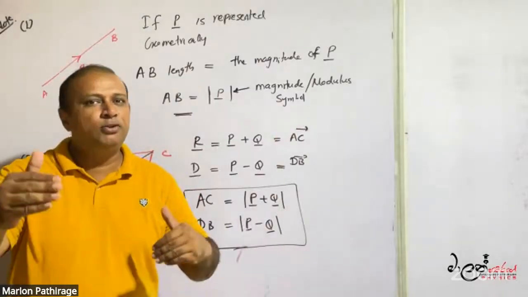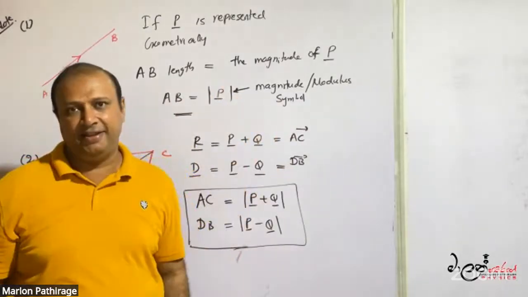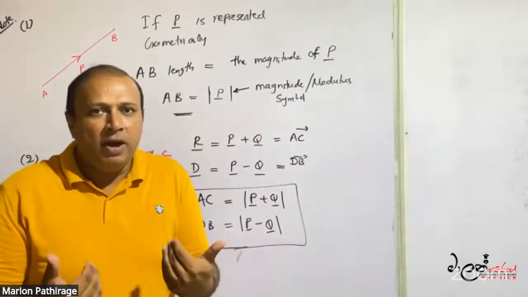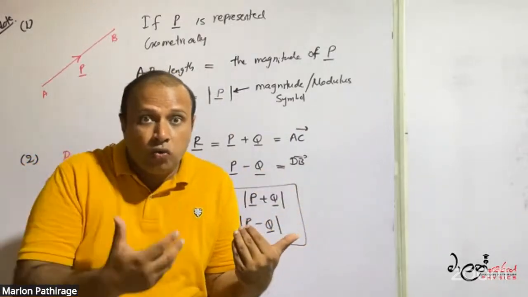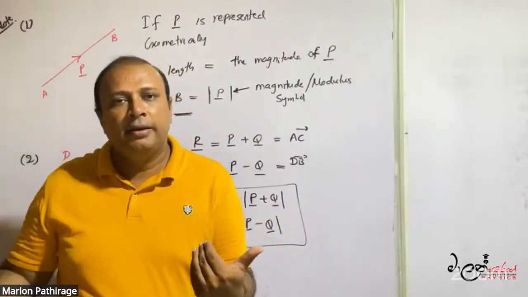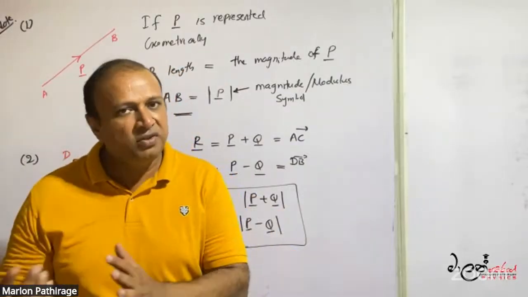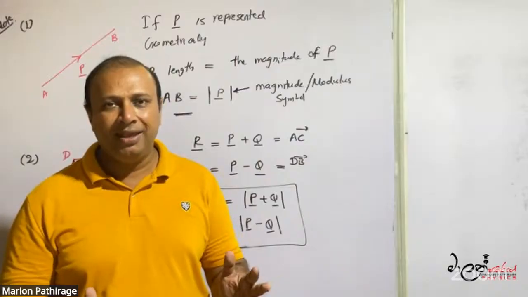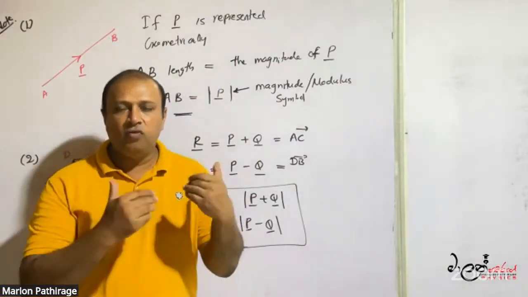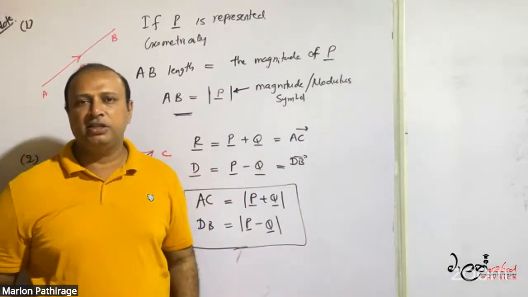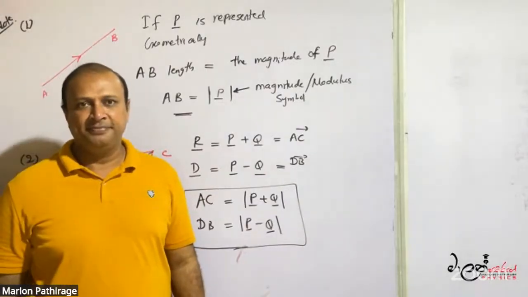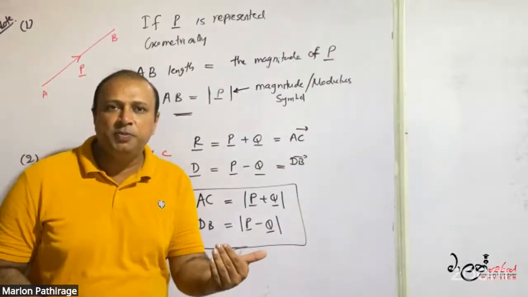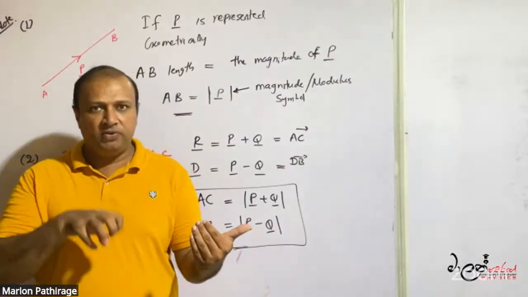You have to understand this, because now I'm going to teach how to solve vector questions using geometrical relationships. When you are given a vector relationship, you can think geometrically.